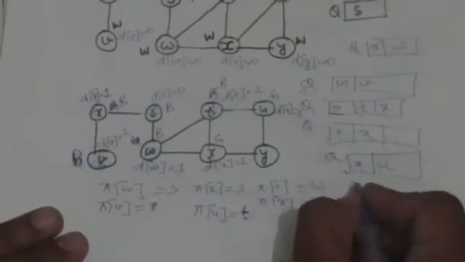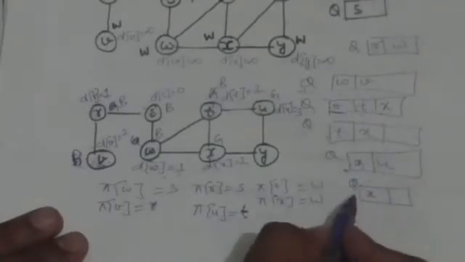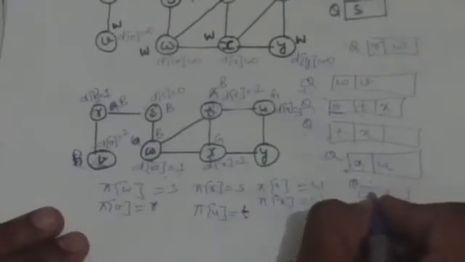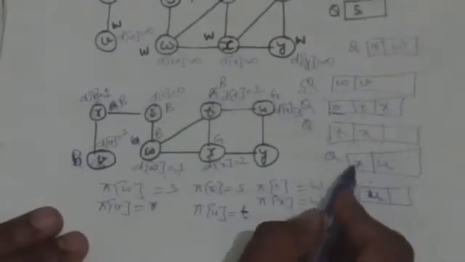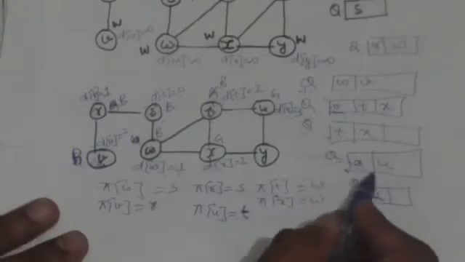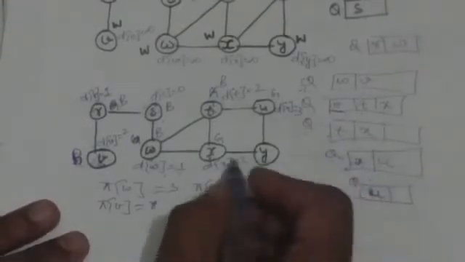Now we will dequeue a vertex from q. So we will dequeue the vertex x from q, right?